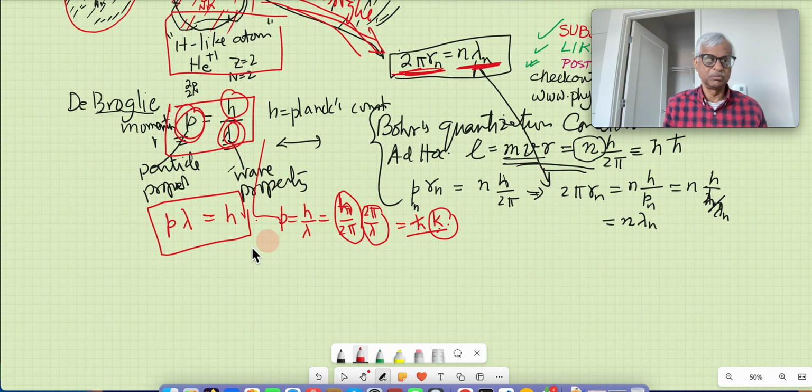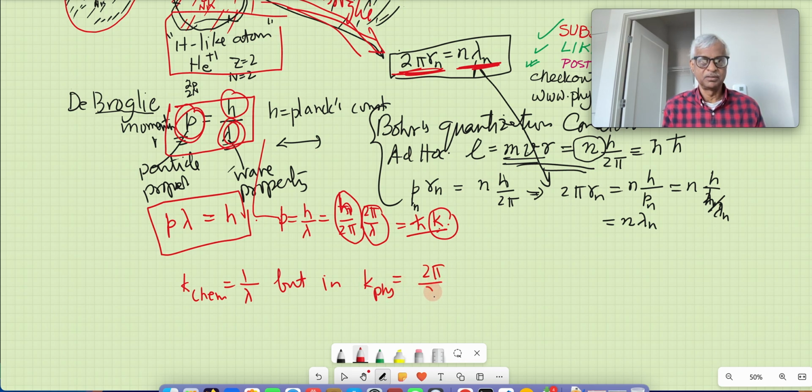K in chem is 1 over lambda, but in physics K is 2 pi over lambda, because we want to keep the 2 pi's out and use h bar, since h over 2 pi appears in a lot of formulas, so you want to create a symbol for that.